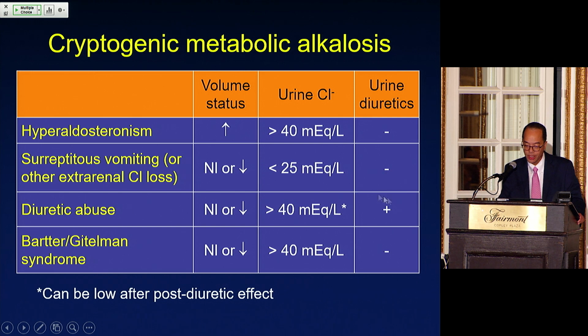But sometimes they stop taking the diuretics before they come to see you. So if you look at the urine sodium and chloride, patients with diuretic abuse can have urine chlorides that are high or low and vary considerably depending on where they are in their cycle of taking diuretics. In Bartter's and Gitelman's, the urine chloride is persistently high and the urine diuretic screen is persistently negative.